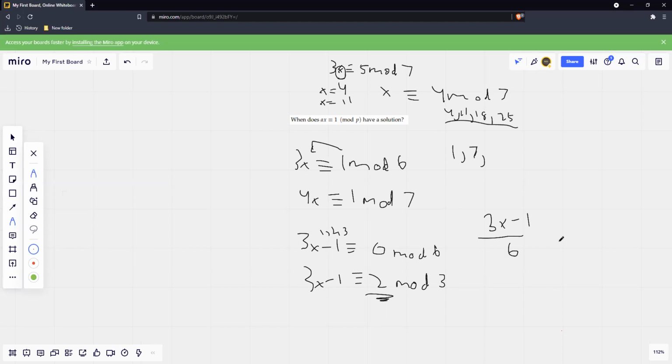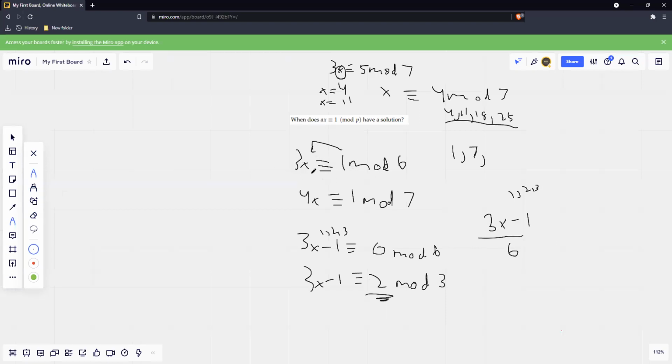You could just start trying the values of x. We know that we can't make any numbers, and if we have any number in the form 3x minus 1, it will not be divisible by 6.